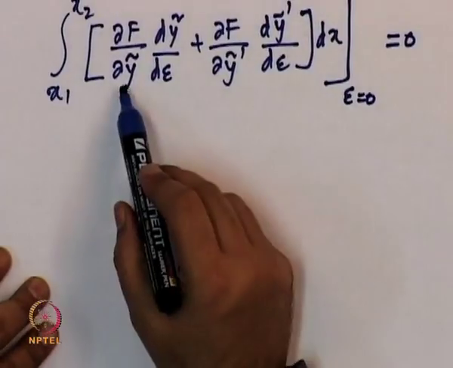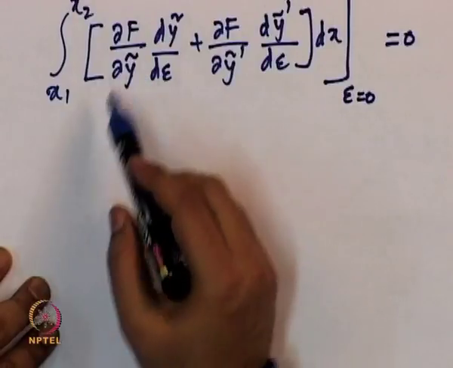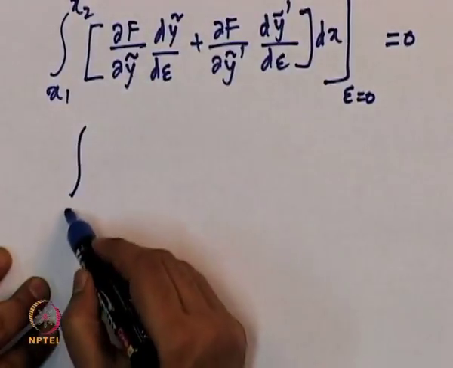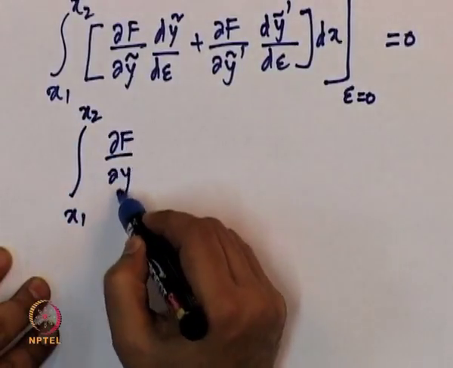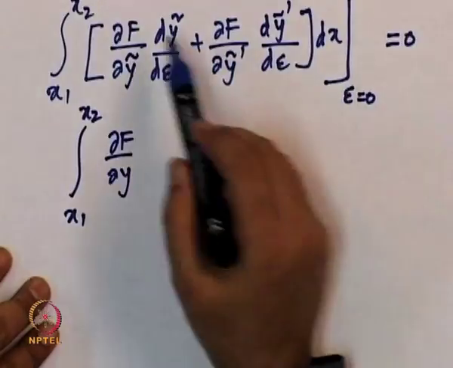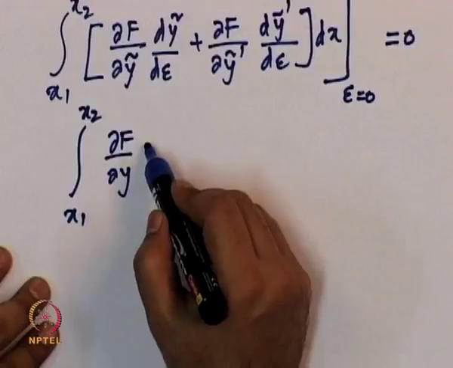Now, when epsilon equal to 0, you can see that y tilde will become y itself, and so you will get integral x1 to x2 dou f by dou y, and because epsilon is 0, dy tilde by d epsilon will become just eta.